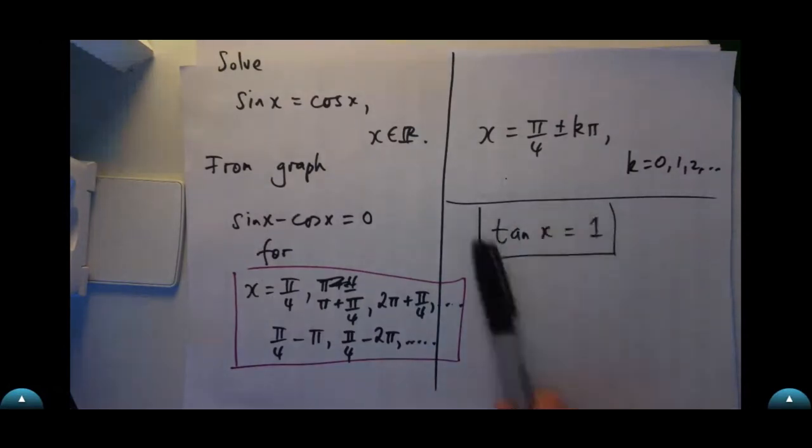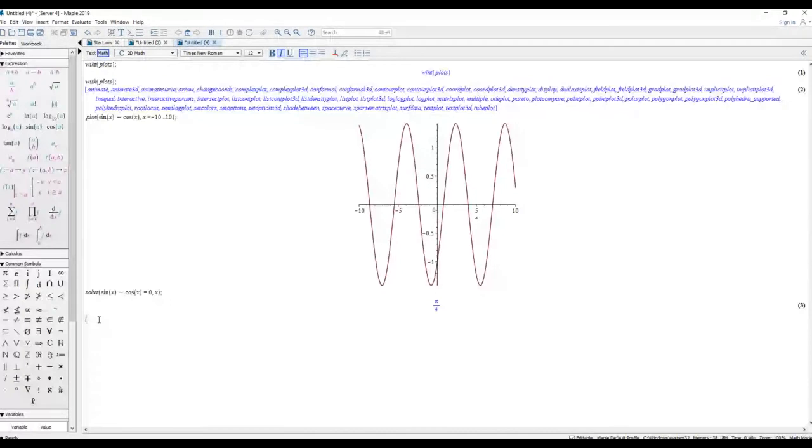Let me show you how to solve this equation in Maple, and it'll be interesting because you'll see how to plot two curves on the same set of axes. So let me go back to Maple and I can show you. Let's say I wanted to plot the tan curve and the horizontal line y equals 1.